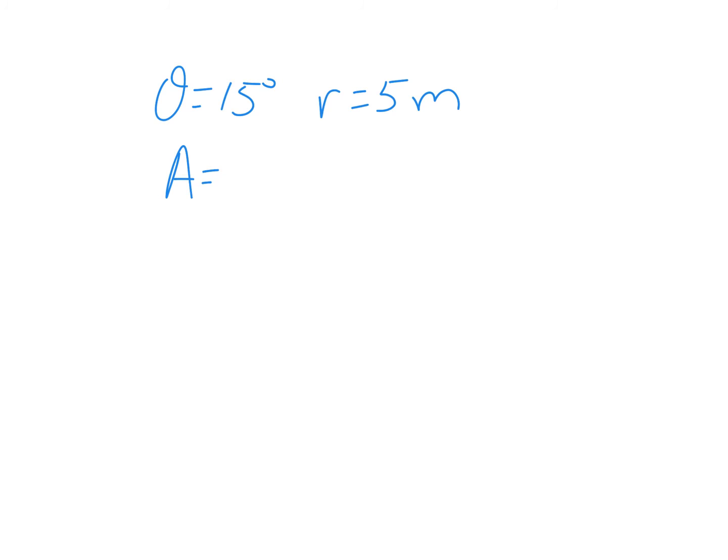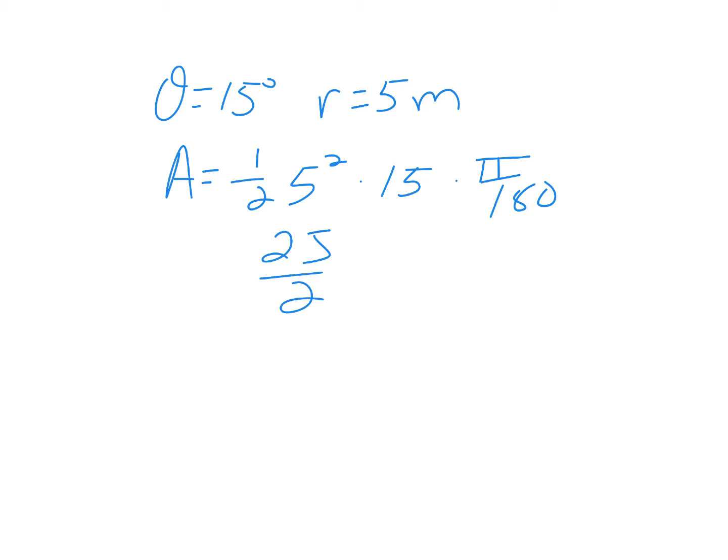All right, this time I'm giving you 15 degrees, and your r is 5. So once again, 5 squared times theta, but it's in degrees, so we need to convert to radians, so pi over 180 must be included. That's going to get us 25 over 2 times 15 pi over 180, which will reduce. We can take a 5 out of both, so that will get us 3 pi over 36.